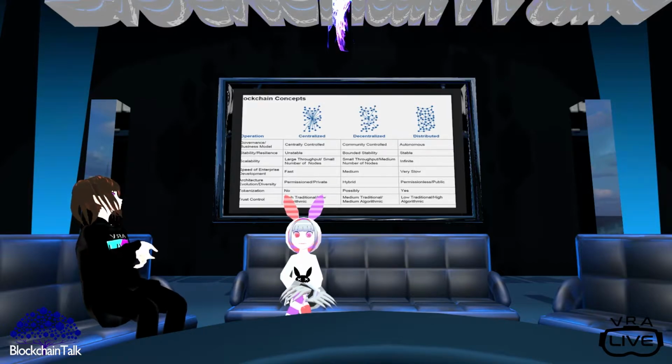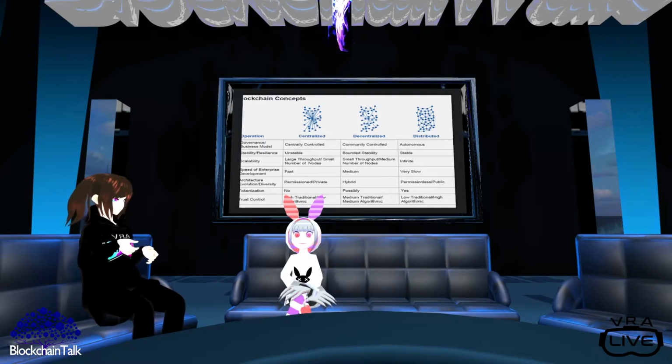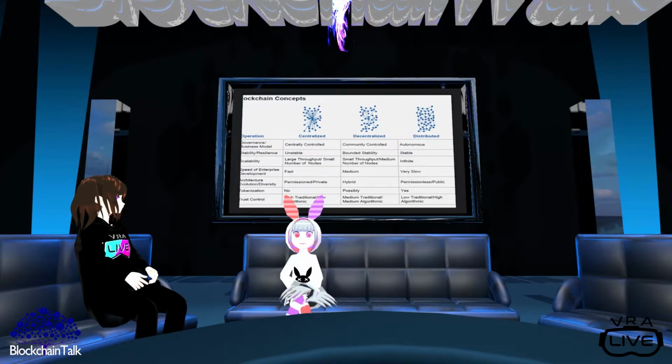So those are probably the two main types of blockchains that you'll come across. There are also consortiums, which are blockchains that have a select group of people that run it and are allowed to make changes to it. So it would be like a group of banks, a group of stores, things of that nature. And then there are semi-decentralized blockchains, where there are delegators.